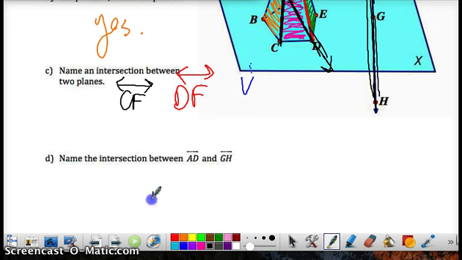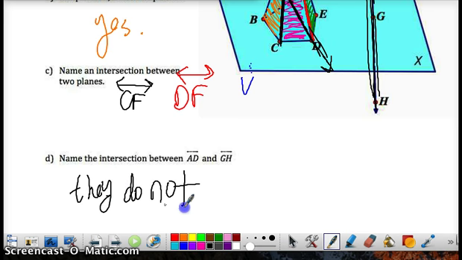And the answer is they do not intersect. If you're not sure about that, ask your teacher, but it's something called skew lines, which we'll talk about later, but these 2 lines do not intersect.